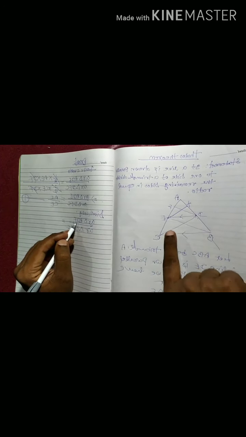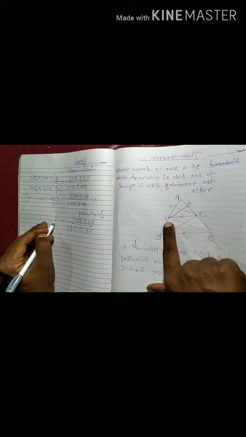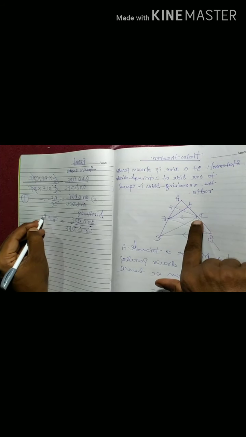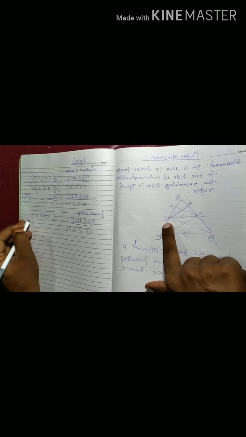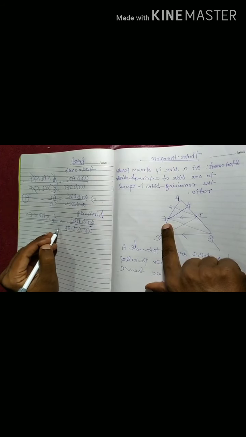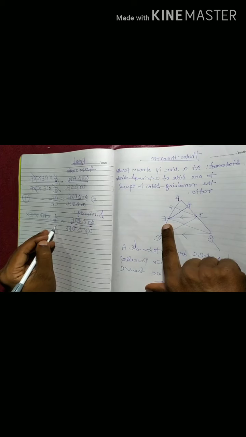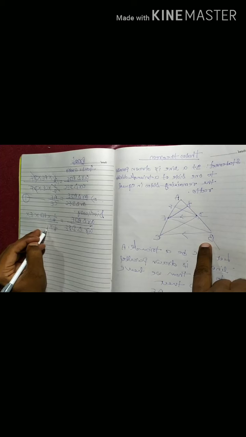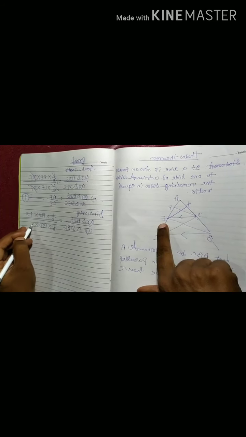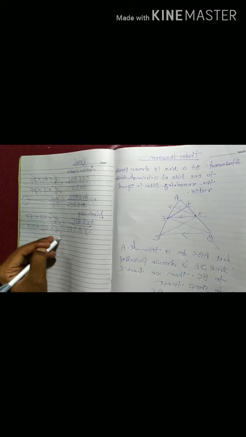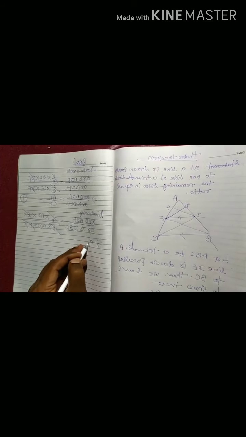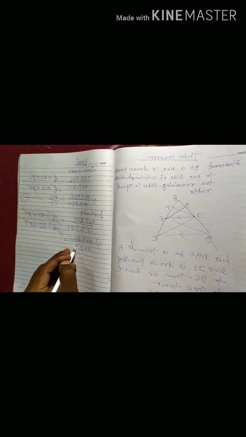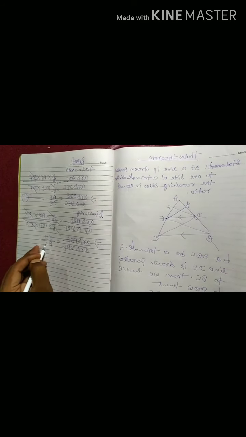So area of triangle ADE is equal to half into AD into EX, by area of triangle DBE is equal to half into BD into EX. That implies area of triangle ADE by area of triangle DBE is equal to AD by BD.